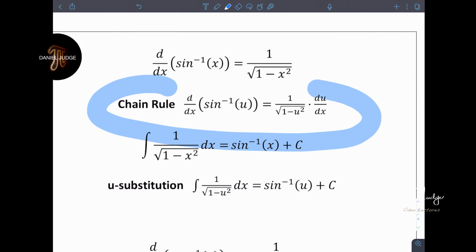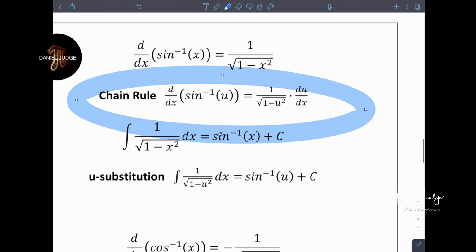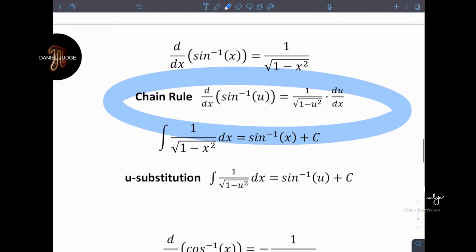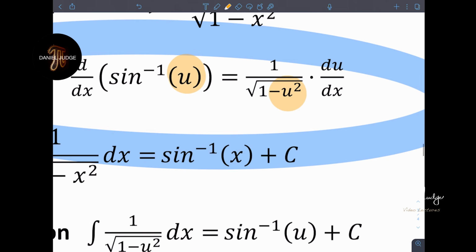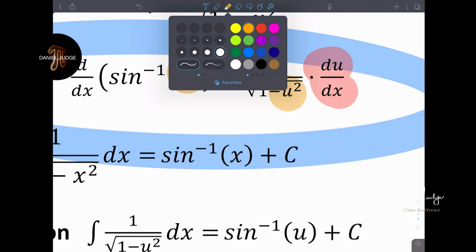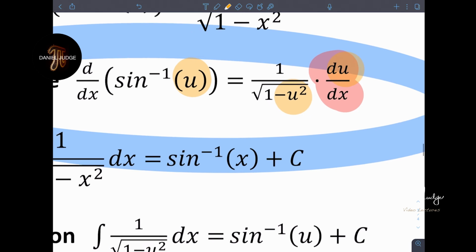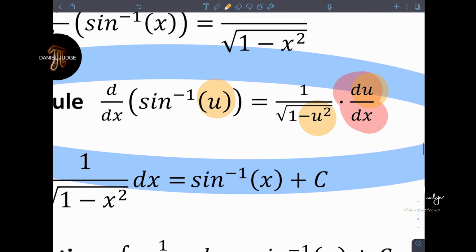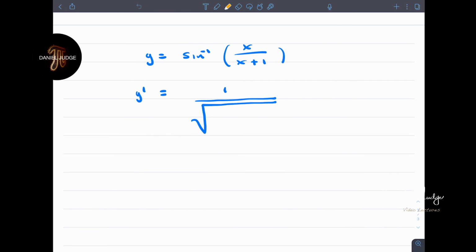Don't forget, this is one of the most important parts: this is my u goes here, but this is the chain portion. We need to differentiate u with respect to x. So don't forget your chain portion as well. This is the derivative for inverse sine of u, which is a composition of functions.